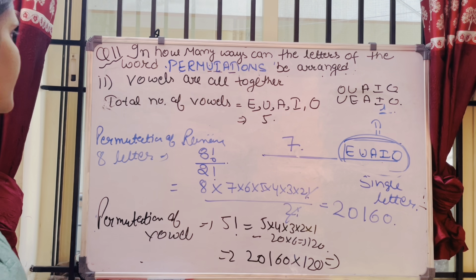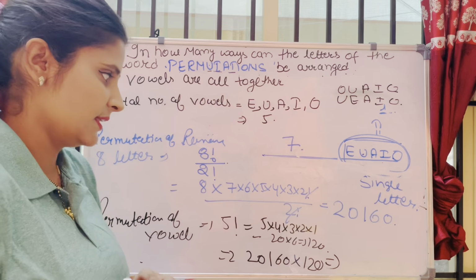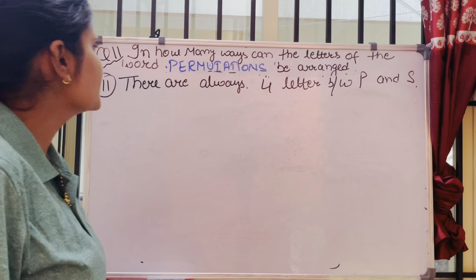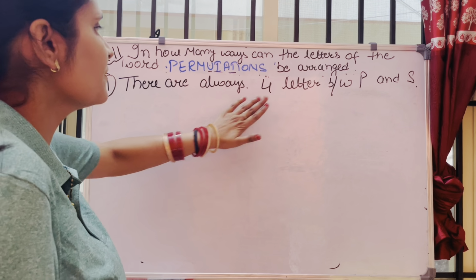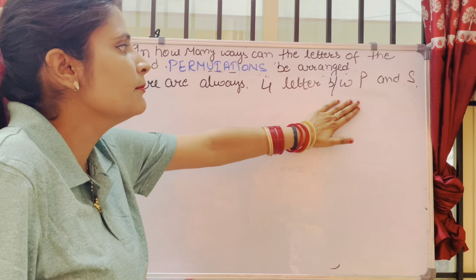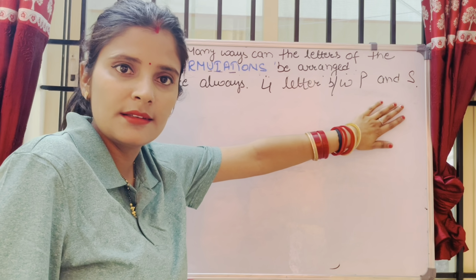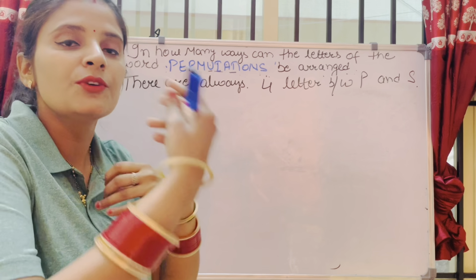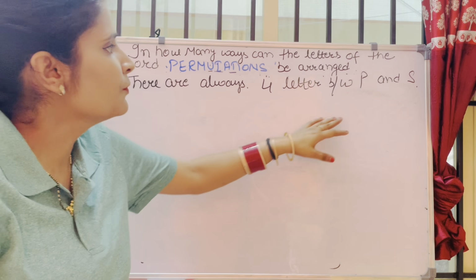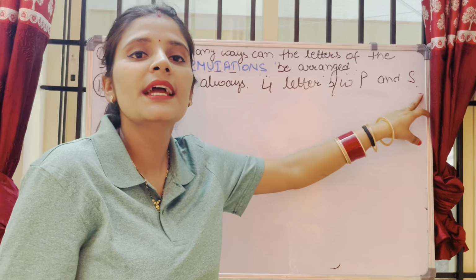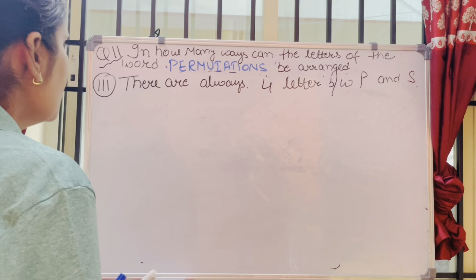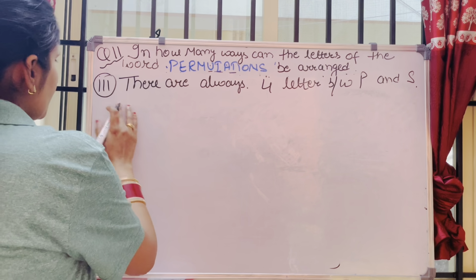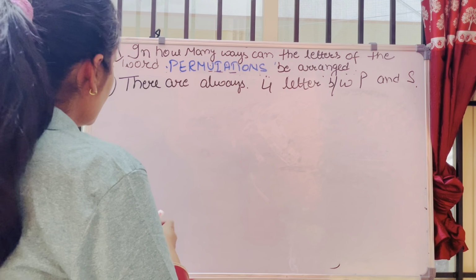So this is our second condition, all vowels together. Right? The last condition is there are always 4 letters between P and S. In this condition, we have to find out those words where there are 4 letters between P and S. So here we have a total of 12 letters.